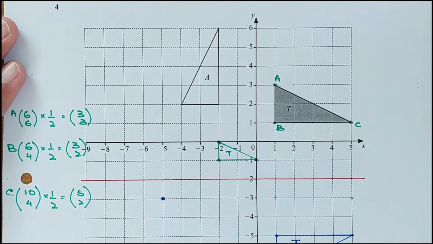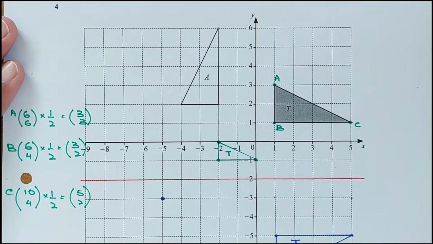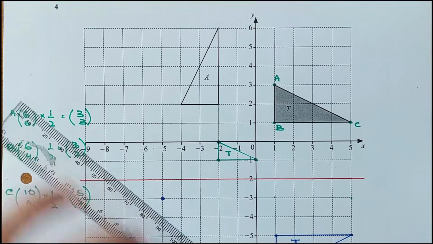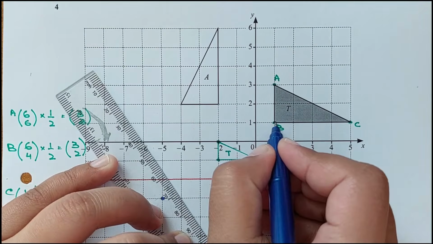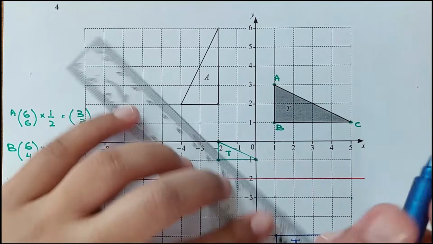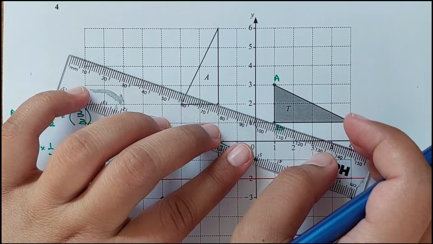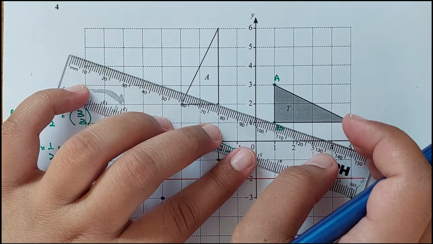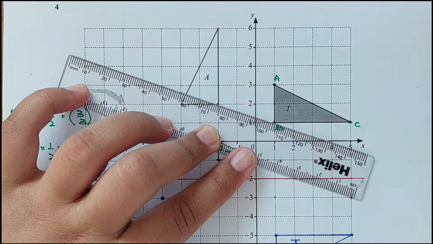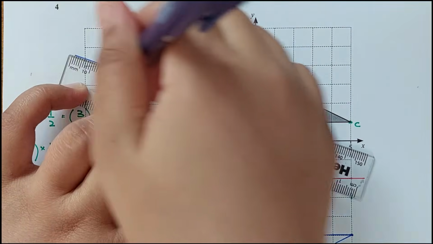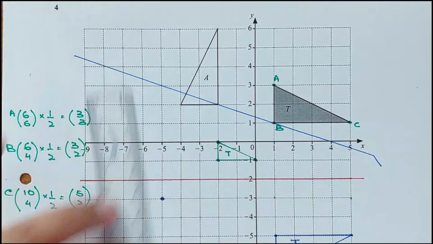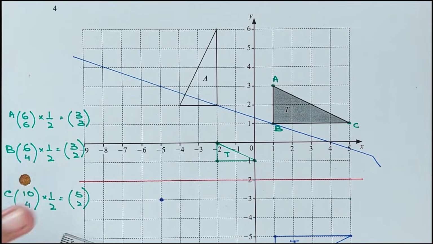Now let me find the center of rotation by connecting the coordinates and finding their perpendicular lines. So this right angle is this point. Let me connect these 2 points together and find their perpendicular line, right? And let me draw its perpendicular line now.